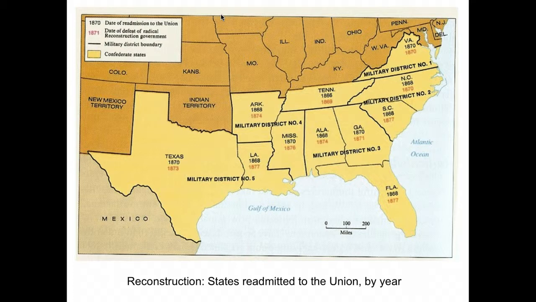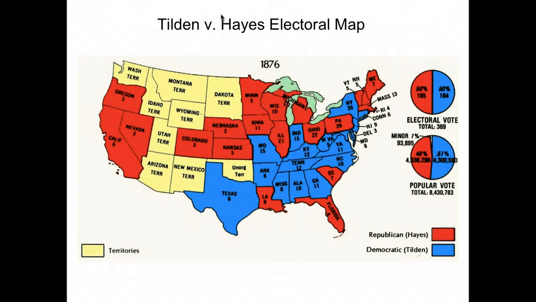We generally date the end of Reconstruction to the very close presidential election of 1876. In 1876, the Democrat, Tilden, and the Republican, Hayes, go down to the wire in an incredibly close vote, the closest in all of American history. The closest we've had since then is the 2000 election.